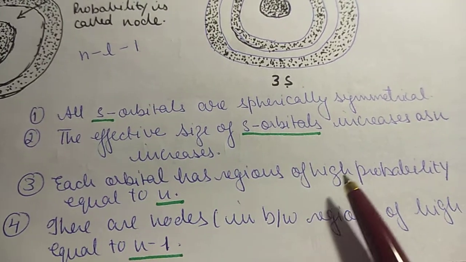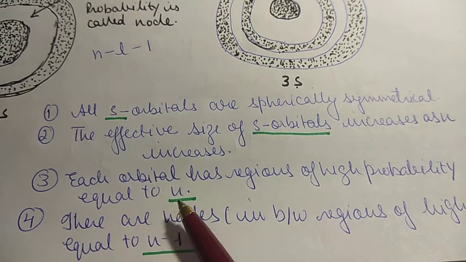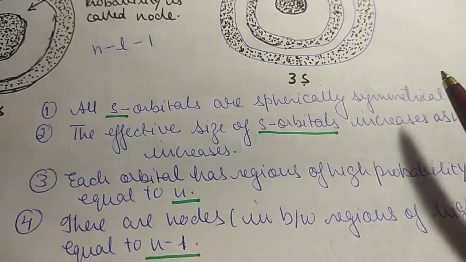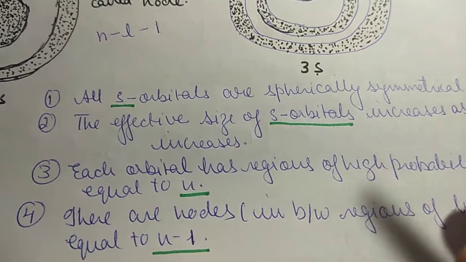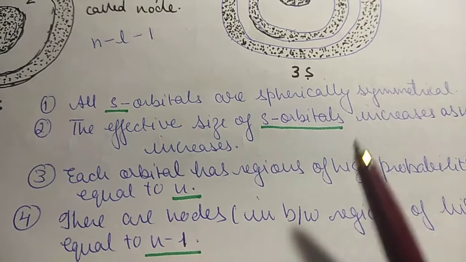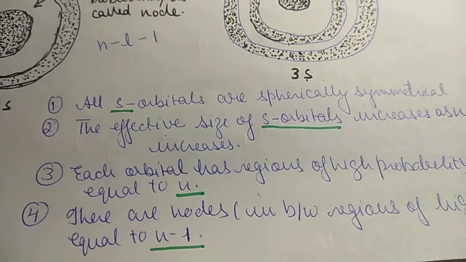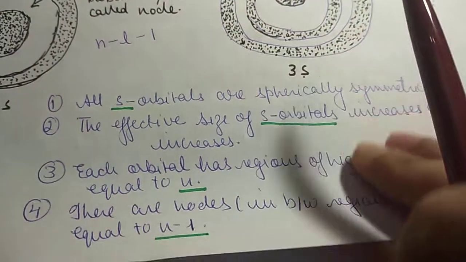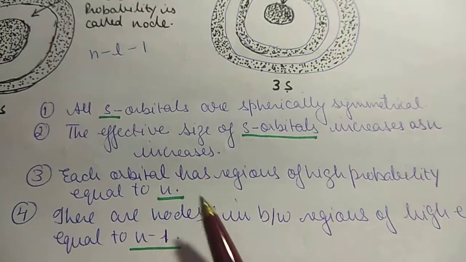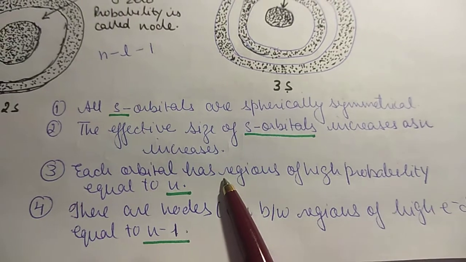Each orbital has regions of higher probability, which is equal to n. We have already done how to calculate the regions of high probability in case of s orbitals. I have told you graphs also, how to find out regions of maximum probability. So from there you can find out the regions of high probability.